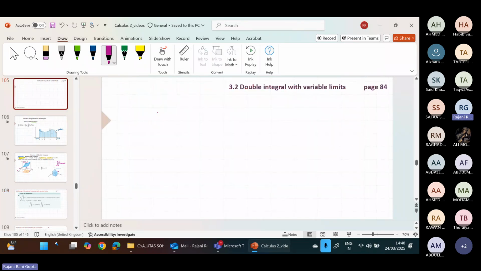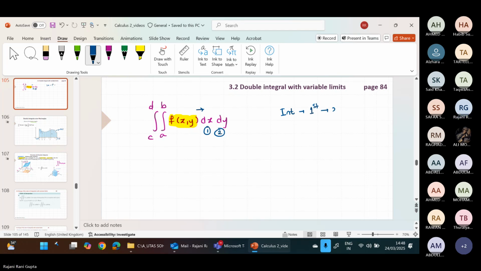When we write the double integral of f(x,y) dx dy, with numbers a, b and c, d, keeping the function in the middle and moving toward the right side, this is 1 and this is 2. You start integrating first with respect to x, and second with respect to y.